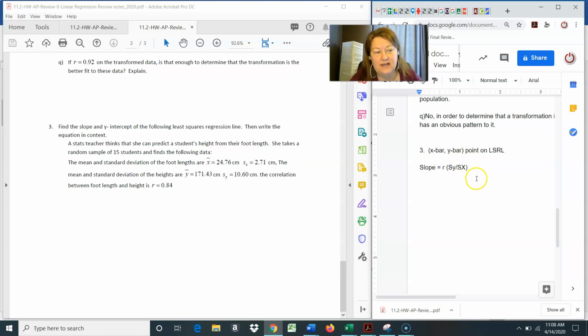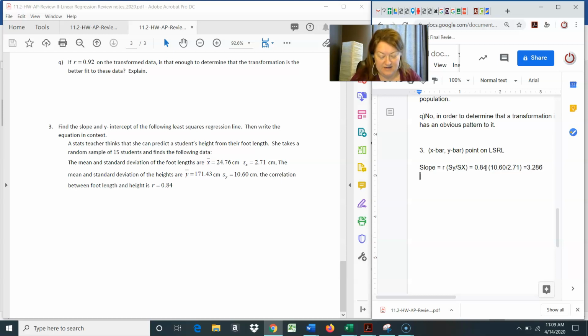We just need to multiply it by r. In our case, r is 0.84, the standard deviation of y was 10.60, and of x is 2.71. I put those numbers into my calculator and get a slope of 3.286.